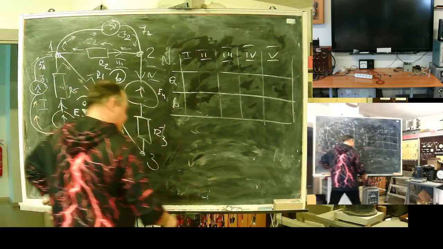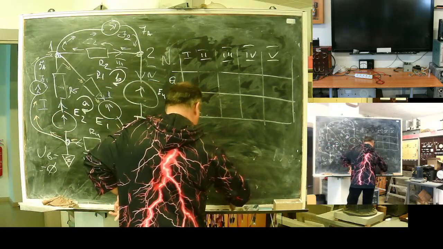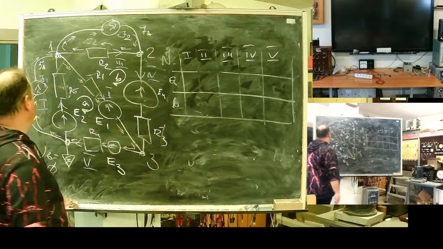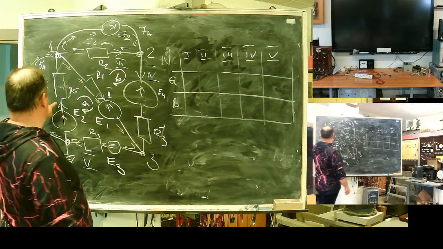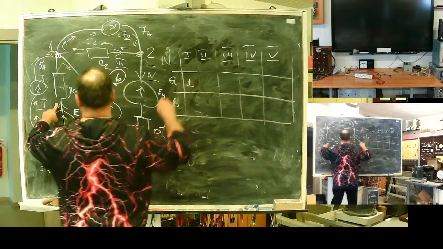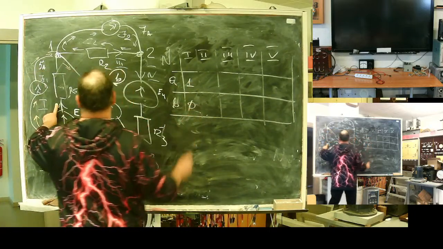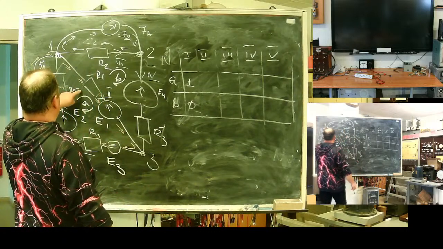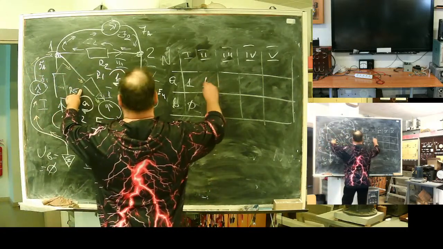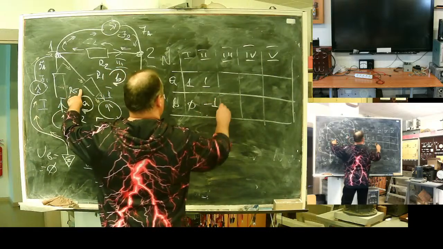Matrix for the Kirchhoff voltage law. Contour A, first branch 1. Here will be 0. Second branch: A 1, B -1.